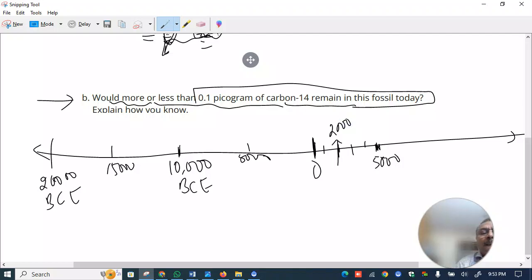Now we know that the carbon 14 in the fossil decays to half after 5,730 years. We want to know how many of these 5,730-year periods there are.